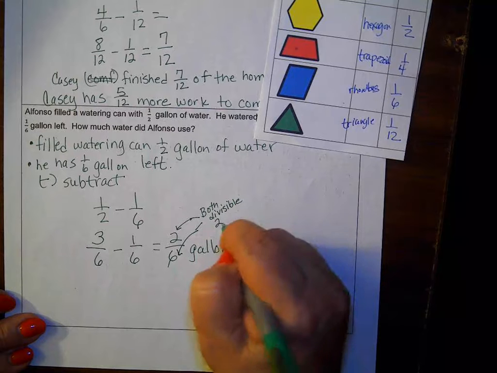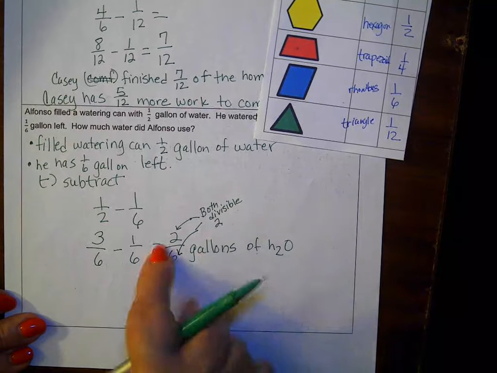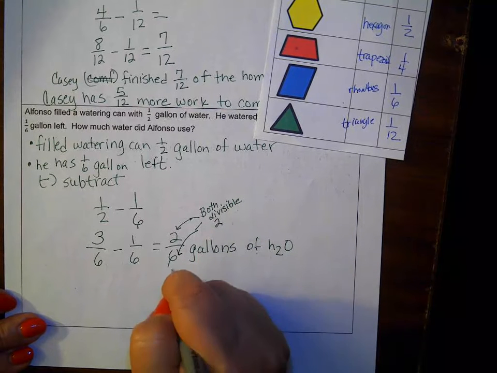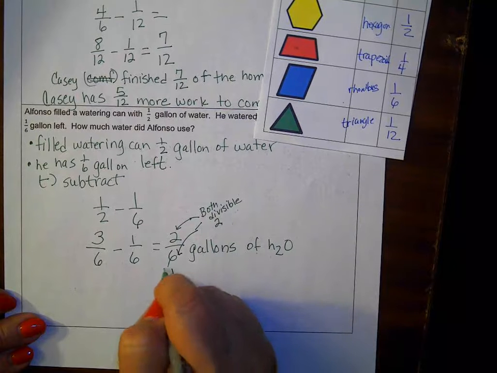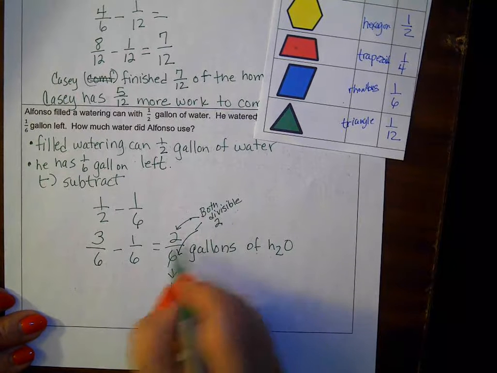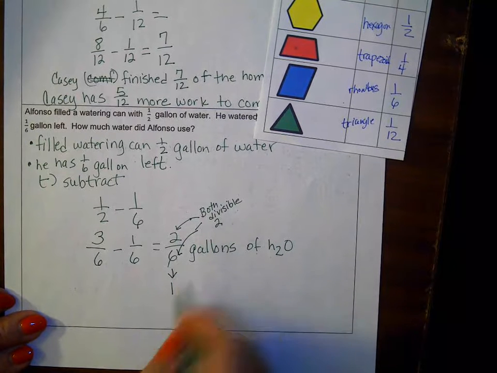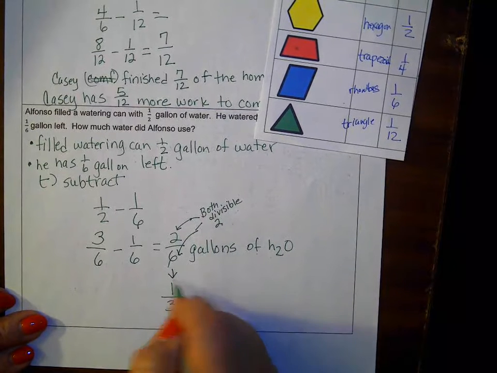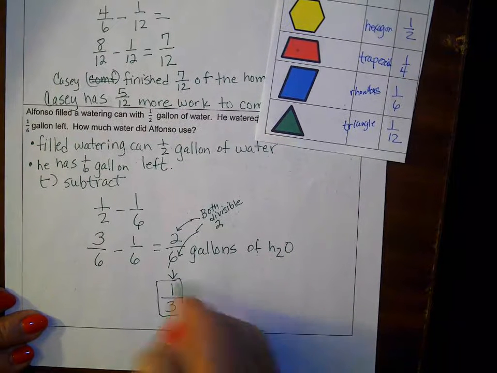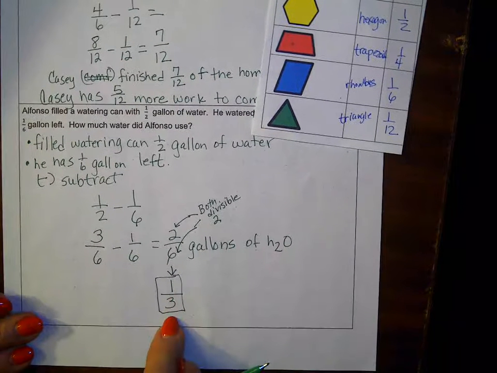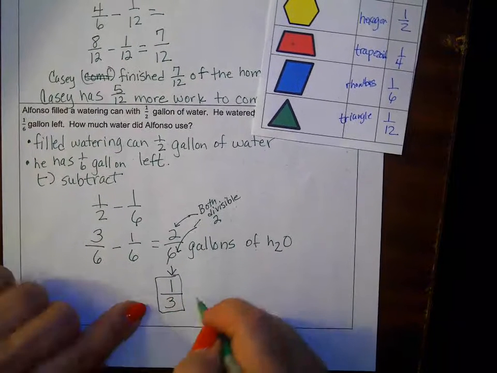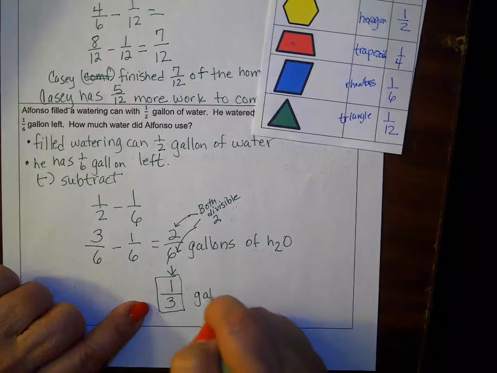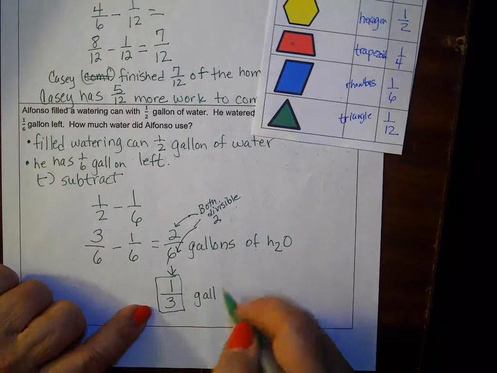They're divisible by 2. So 2 goes into 2 one time. 2 goes into 6 3 times. So I simplified it. So I made it simpler. So he actually has 1/3 gallon of water.